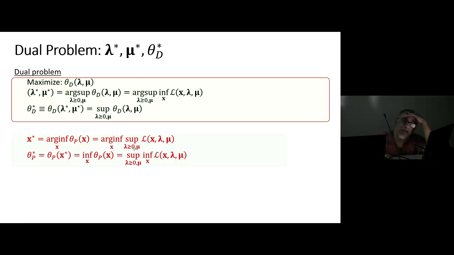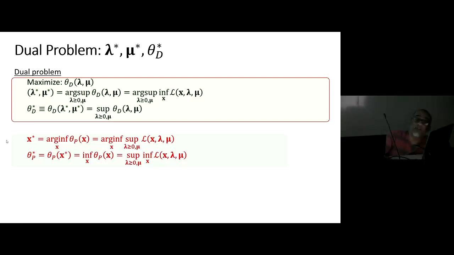We maximize over the dual variables, and then we minimize over the primal variable. And that was theta_p star. And this is just the opposite: arg sup of inf of the Lagrangian.